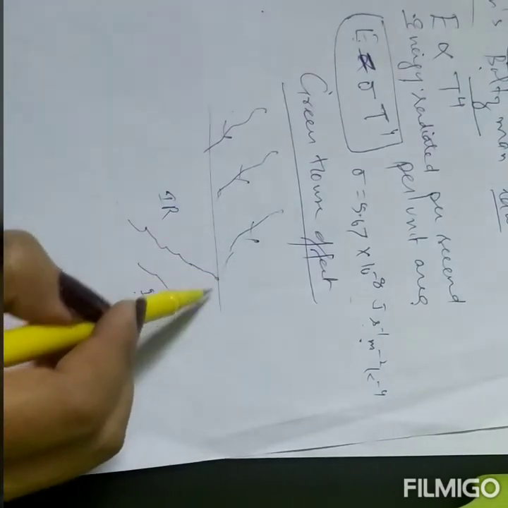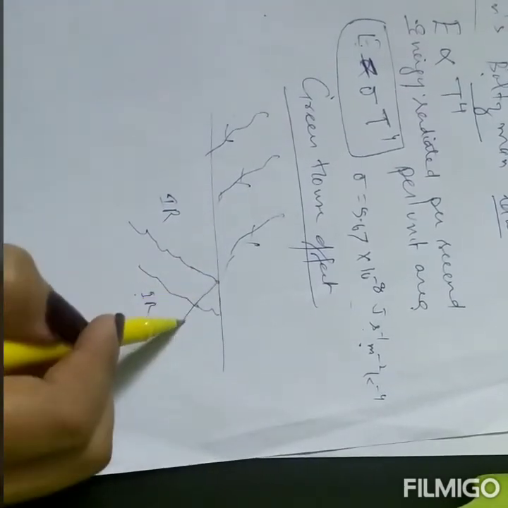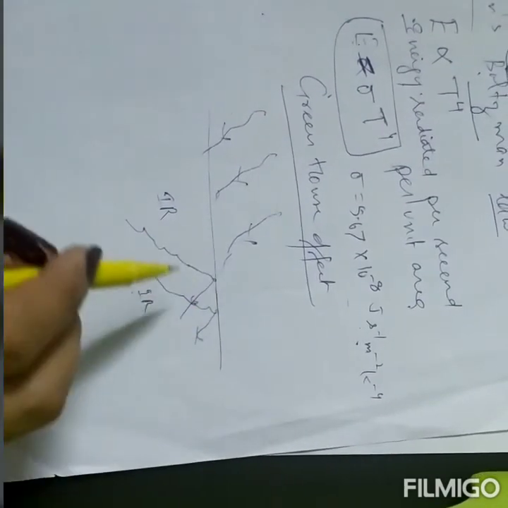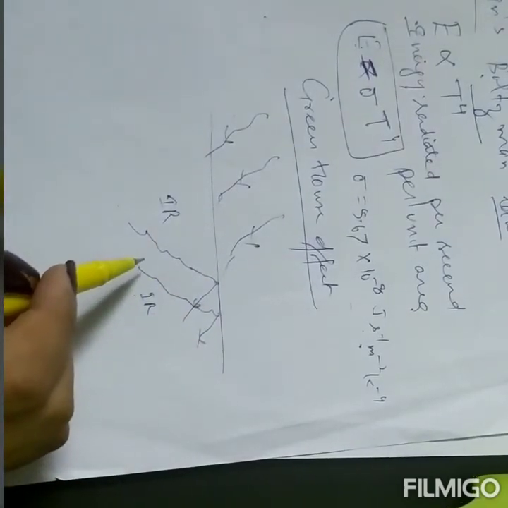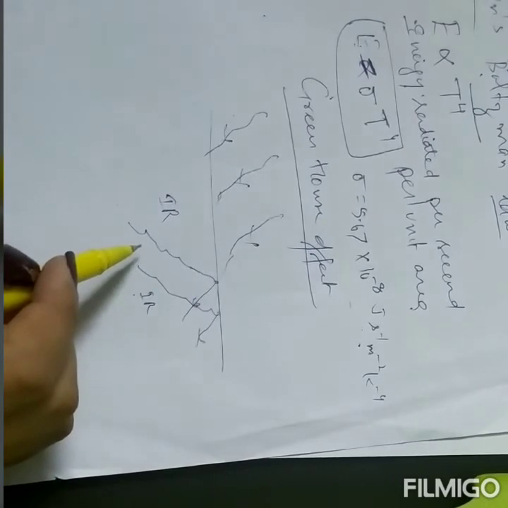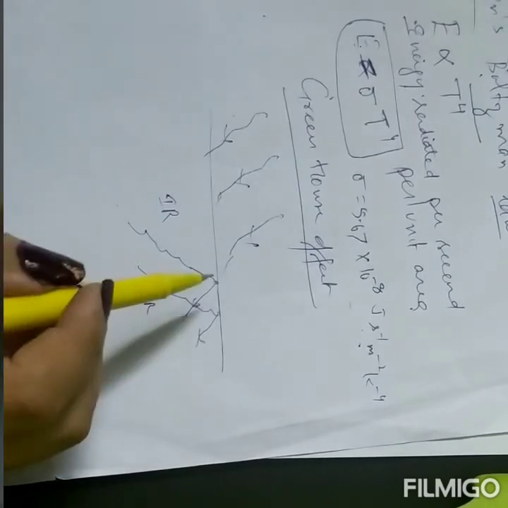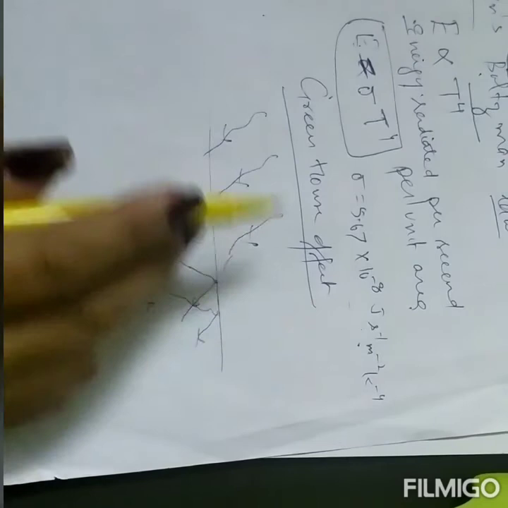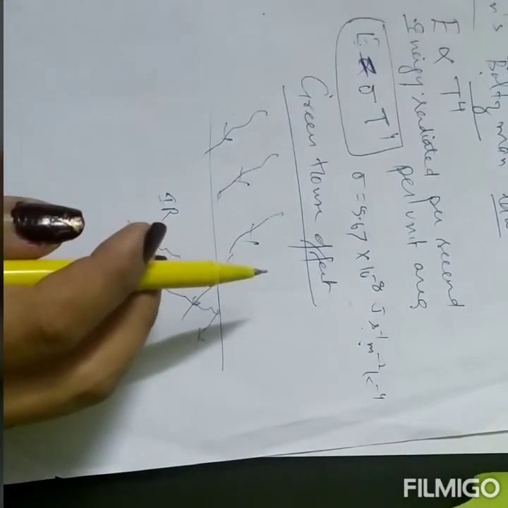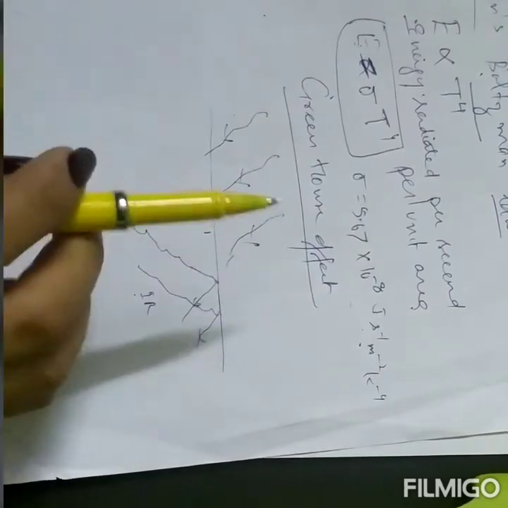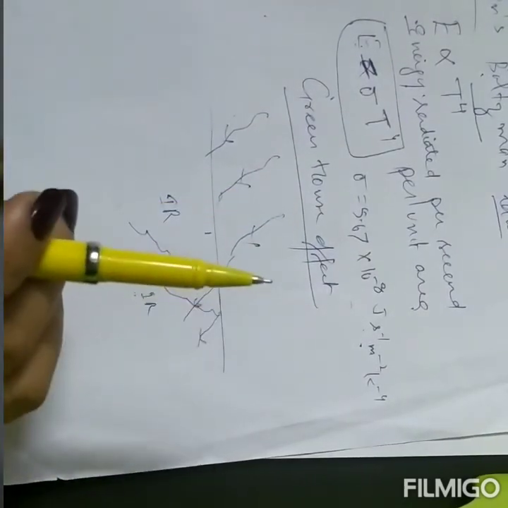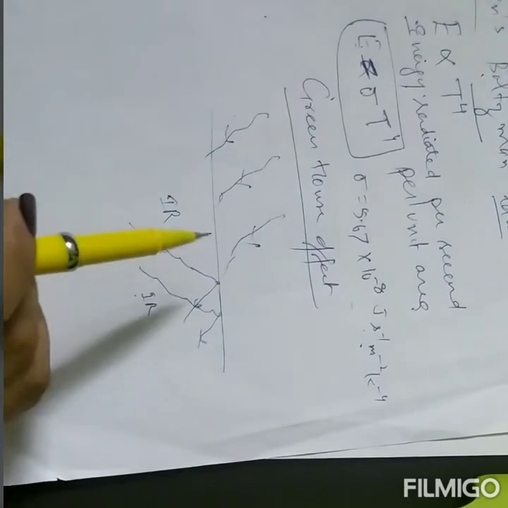But these IR radiations get reflected by the low-lying clouds, and ultimately when IR falls back on the earth, heat is generated. It means the atmosphere remains hot during night time even. So the greenhouse effect helps to maintain the earth warm even at night. Okay, so the greenhouse effect basically controls the temperature of the earth.